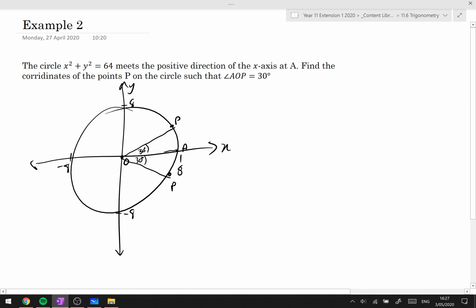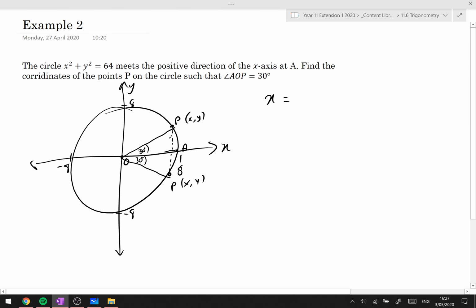The cool thing about this is that the x coordinates are going to be the same, because they're both the same distance from the origin across to the x. It's just that the y is going to be different, by only a negative or a positive. So we're going to use our two new definitions to work out what these are.